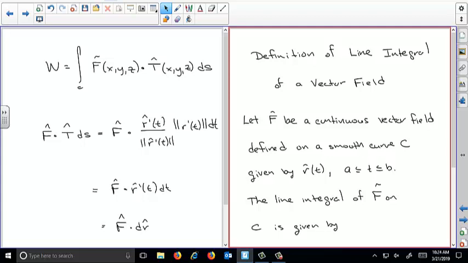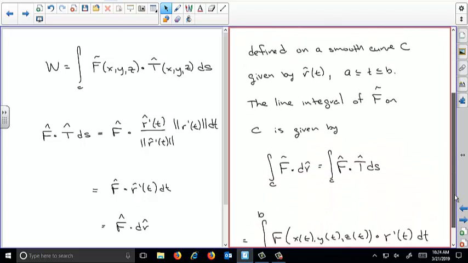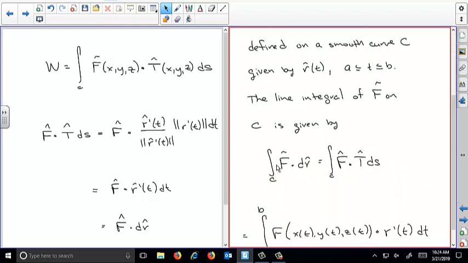So the path is r of t, a parameterized path going from t equals a to t equals b. The line integral of F on C is given by, drum roll, this. You integrate over the path of F dot dr, which is also the integral of F dot the unit tangent vector times ds.